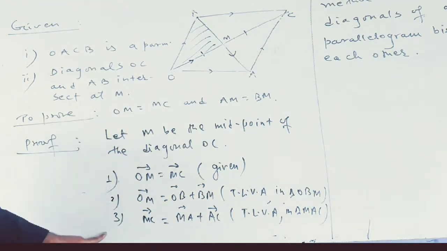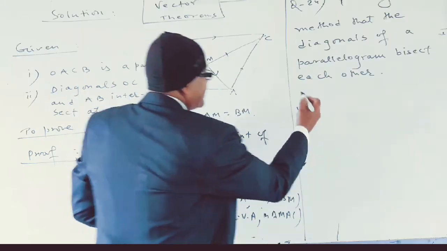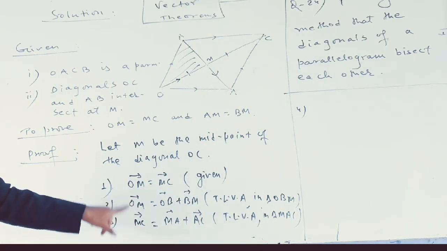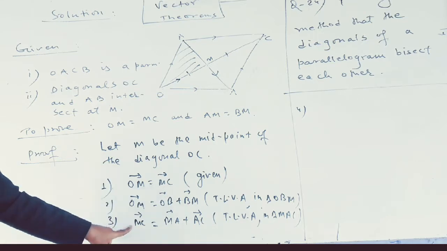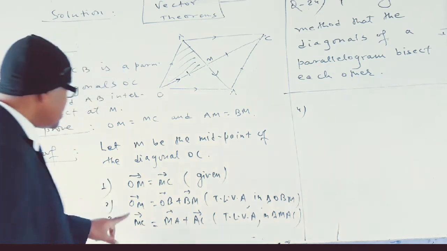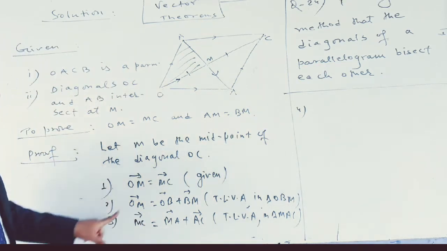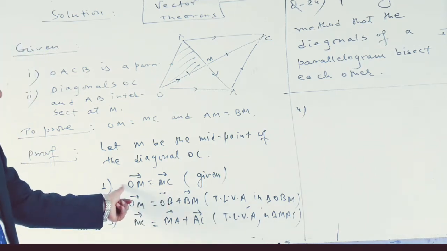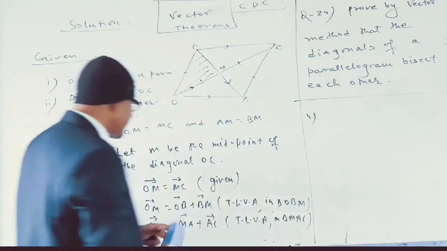Now by combining statements 1, 2 and 3, we put the value of vector OM and the value of vector MC in the first statement, because we have taken OM and MC equal. So we get the fourth statement.